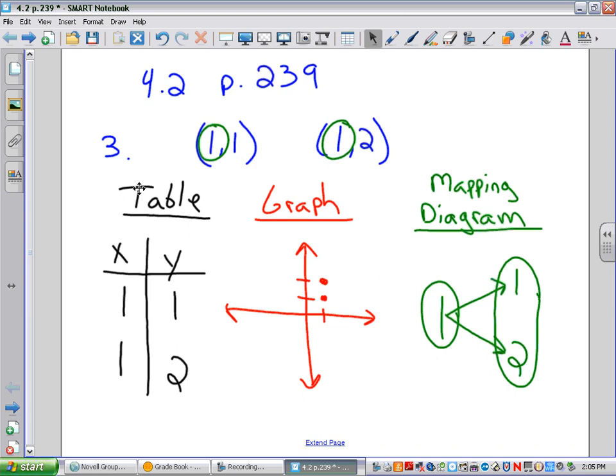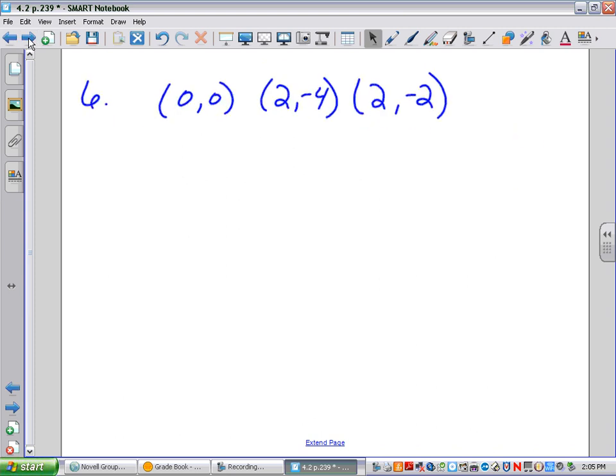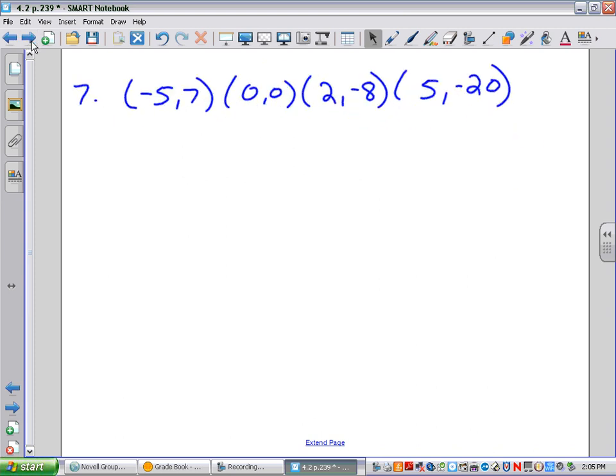The next one I want to do with you is number 7. Number 7, it gives me these 4 points. So write those 4 points down. And the directions say, give the domain and range of each relation.